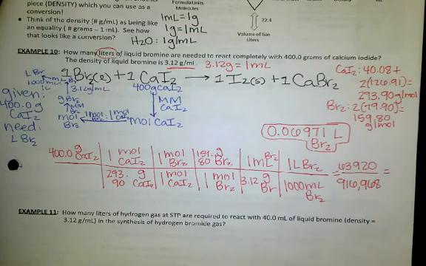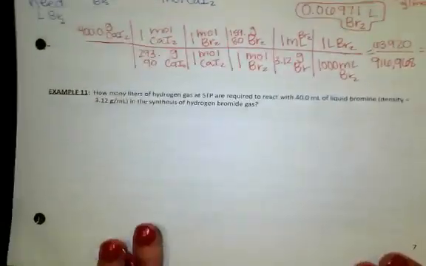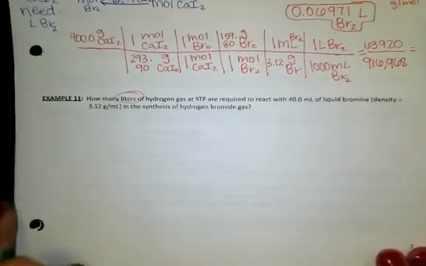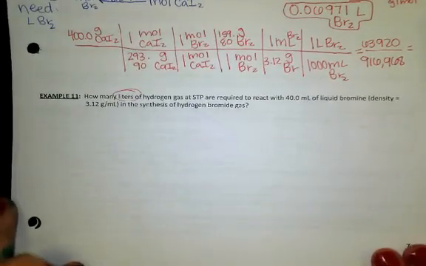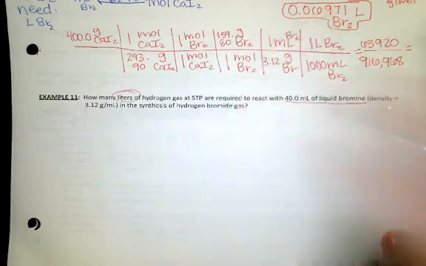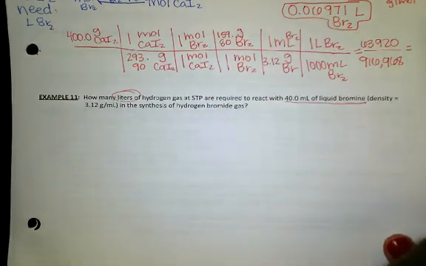Now the next one, it says how many liters of hydrogen gas at STP are required to react with 40 milliliters of liquid bromine. So now we're actually starting with the liquid in the synthesis of hydrogen bromide gas. Okay, so we're making hydrogen bromide gas.